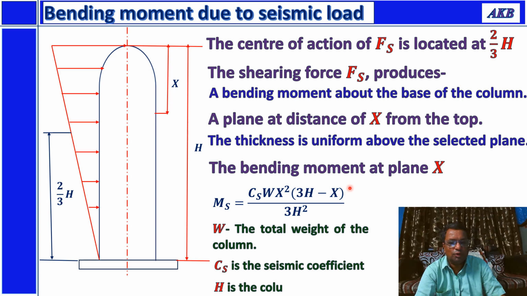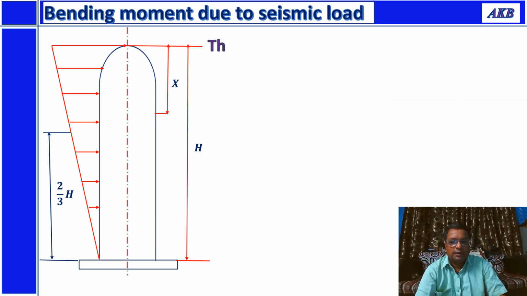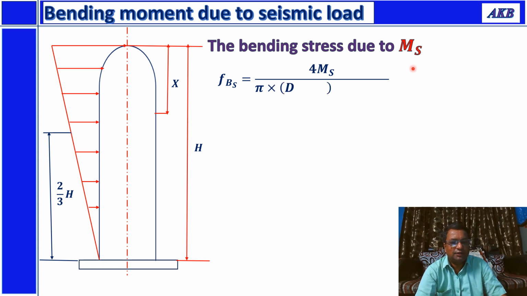Now this bending moment is going to produce the stress. Okay, so h is the column height, I have already told you. Now the bending stress due to Ms, that is the bending moment, is given by this equation: Fbs is equal to 4 Ms divided by pi into (Di plus ts) into ts.